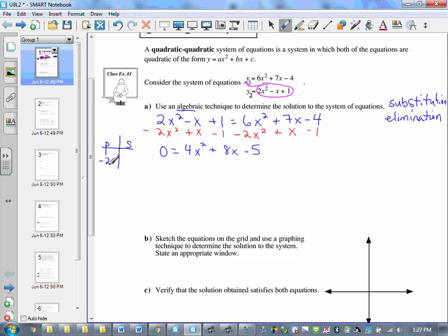Remember for these, your product is going to be these two multiplied together, and our sum would be 8. So we're looking for factors of negative 20 that add up to 8.